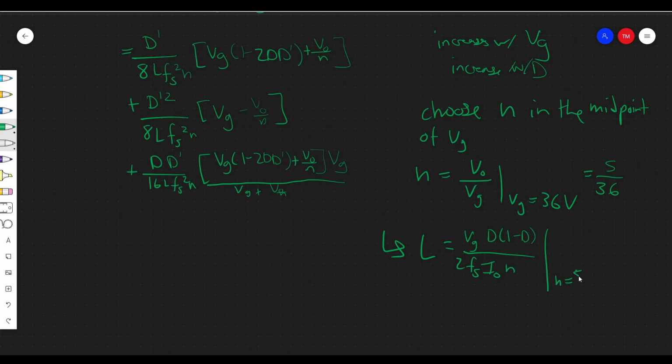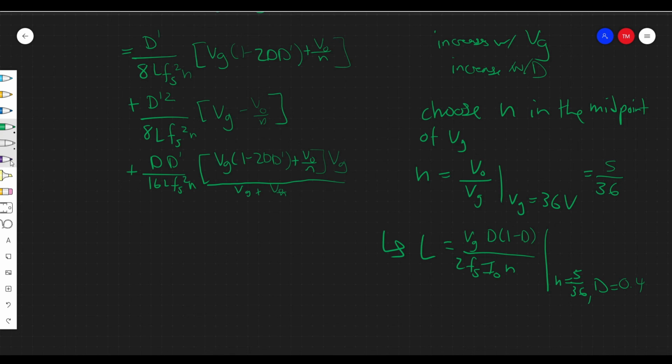We evaluate this when n equals 5 over 36, d equals 0.4, and we want to choose the worst case Vg. We have to choose L so we can send the amount of power we want across all cases.